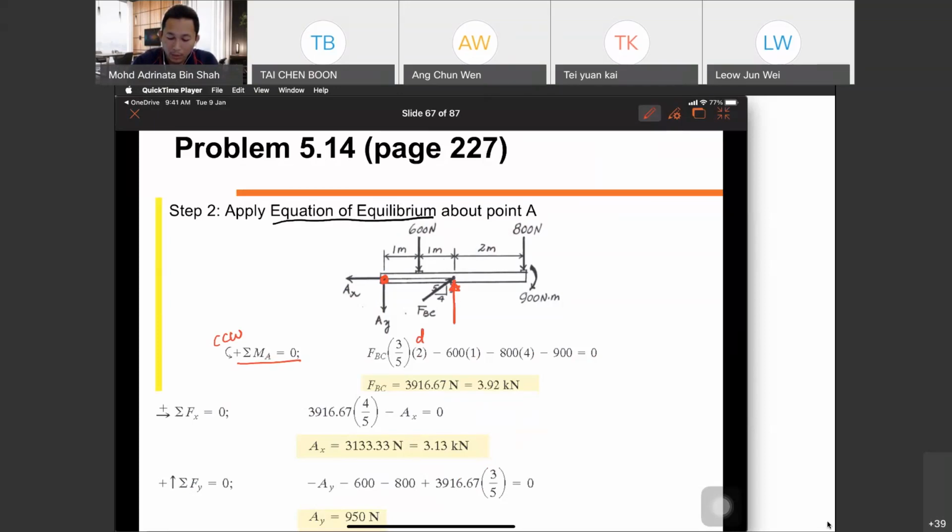Counterclockwise is positive, so this is positive.